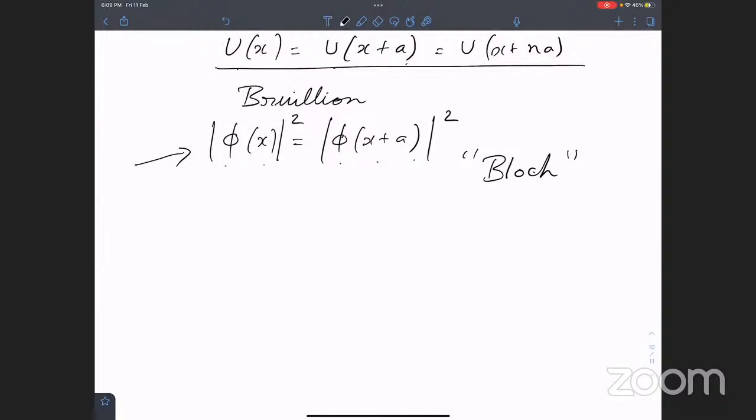Bloch waves. What Bloch said was, okay, probability has to be periodic. If probability is periodic, then my wave function should have a very specific form. What is the form of the wave function? It should look something like this.